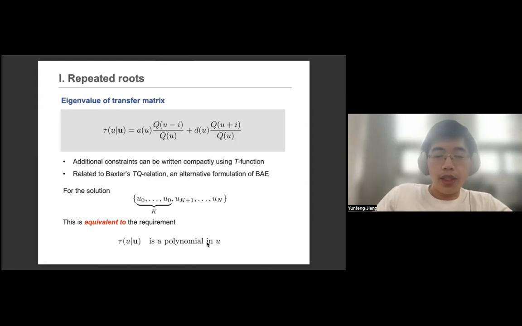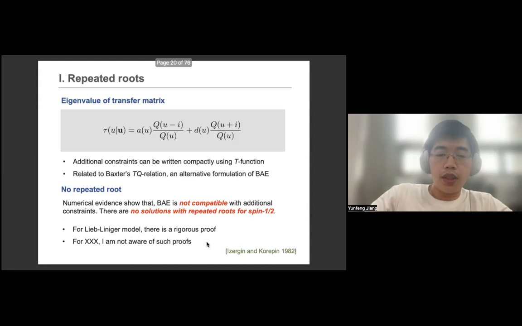This means that if you want to consider repeated roots, it's more convenient to consider the TQ relation and just require T to be a polynomial. This is what we do. We can try to solve this equation by requiring that tau of u is a polynomial.